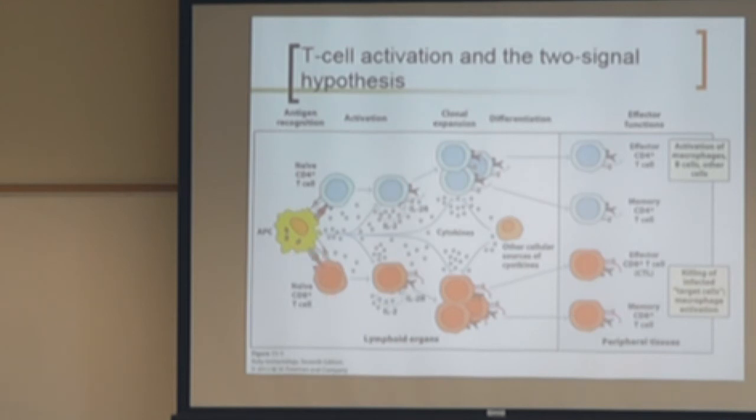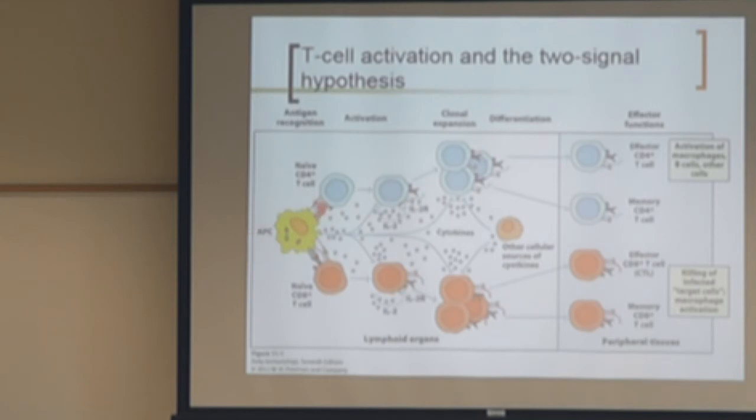So here's our T cell receptor. Here's our MHC class 1, and here's our MHC class 2. Here's antigen. Antigens are red. They also have these little molecules over here, the co-stimulatory molecules.